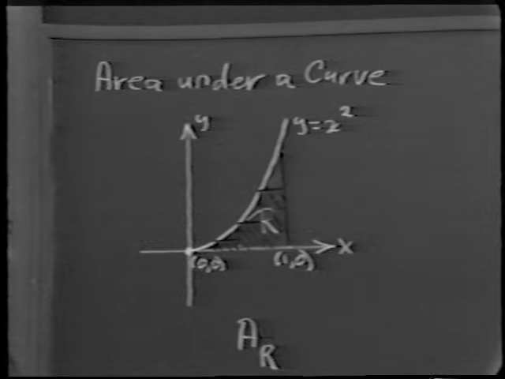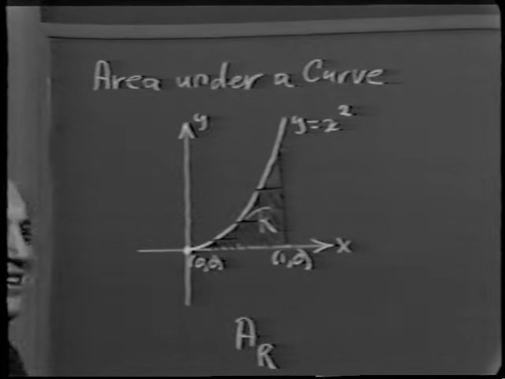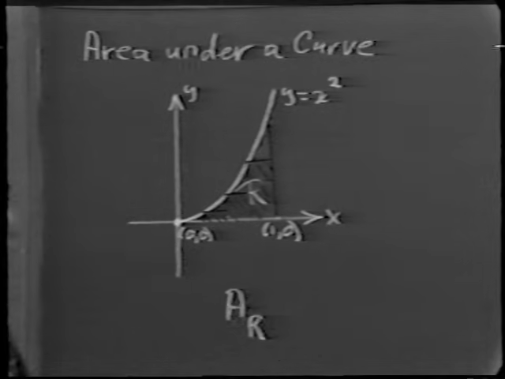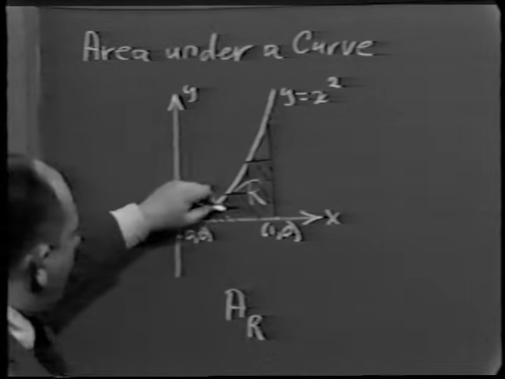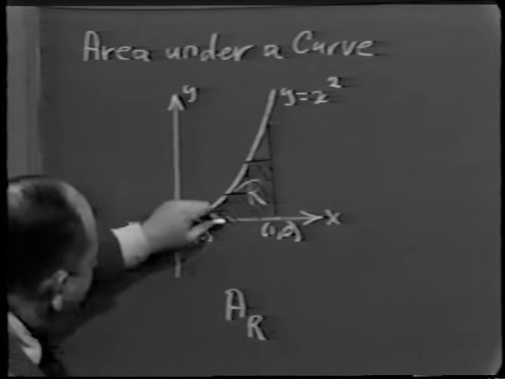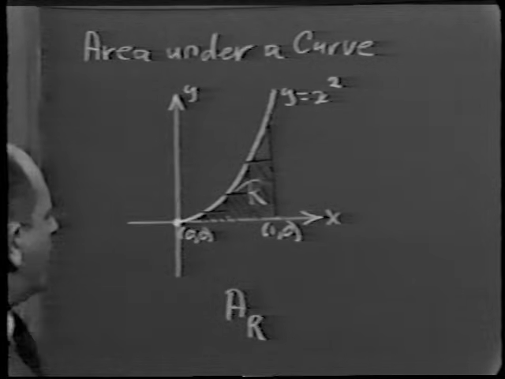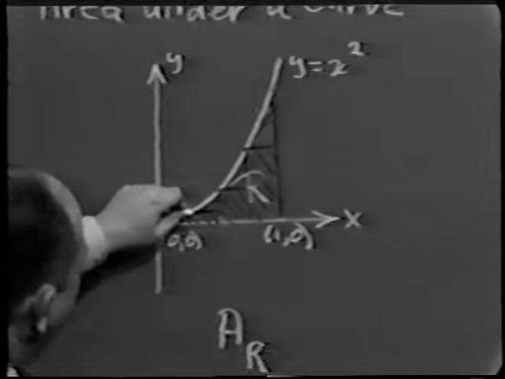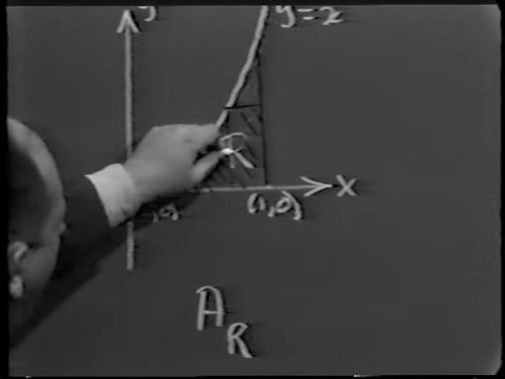And the ancient Greeks had a rather interesting title for this type of approach for finding the area. It is both figurative and literal, I guess. It's called the method of exhaustion. What they did was they would divide the interval, say, into n equal parts. And picking the lowest point in each interval, they would inscribe a rectangle.